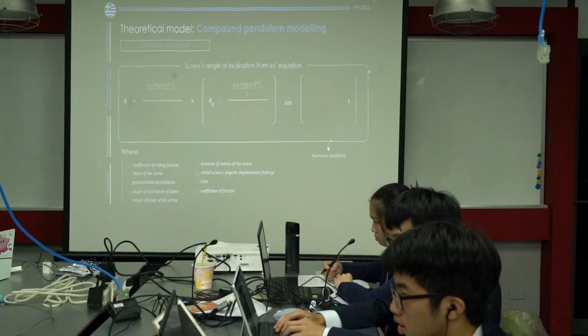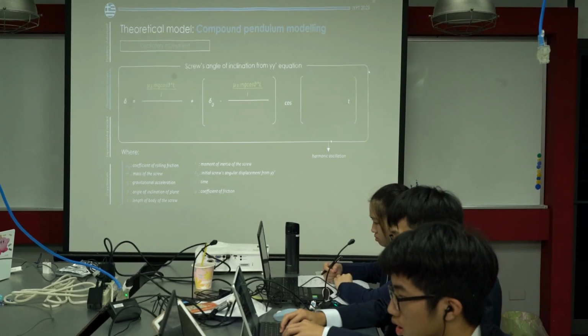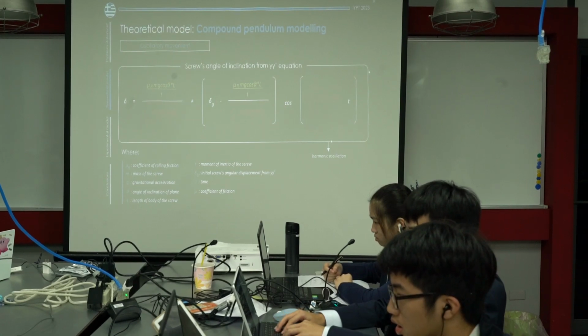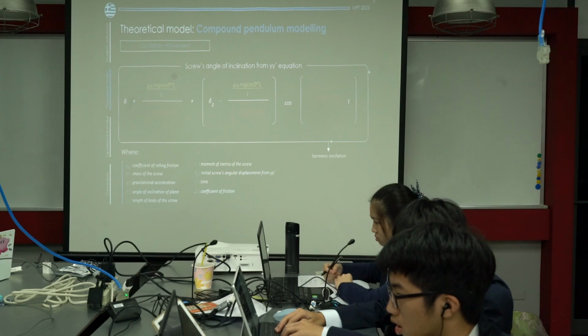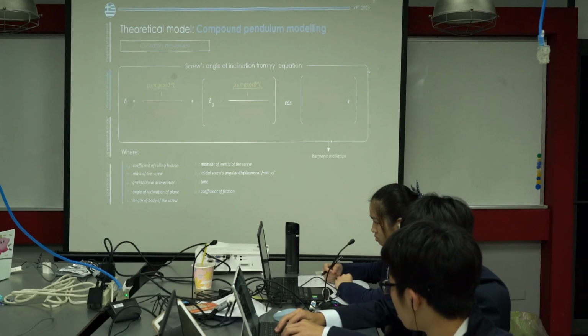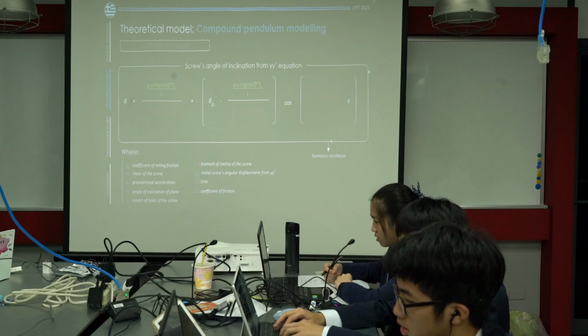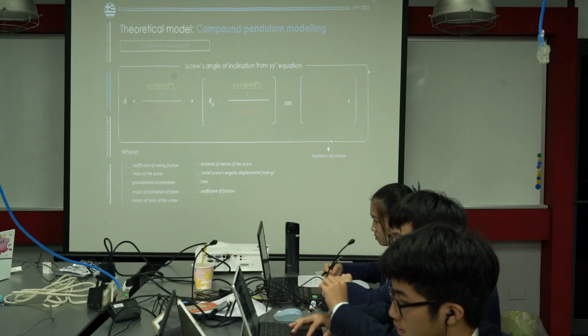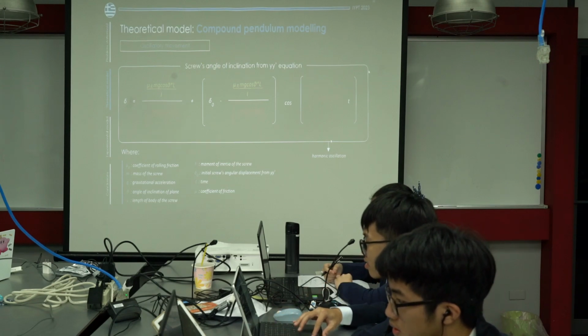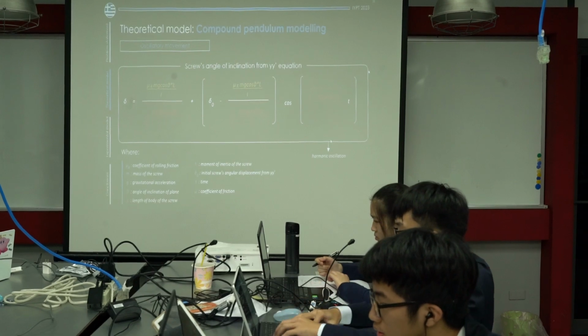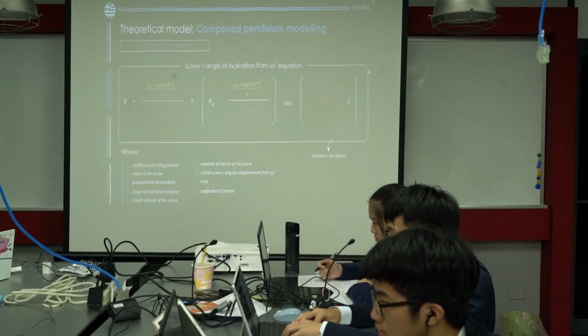If we solve this differential equation for delta, we can find, as you see here, the screw's angle of inclination. The most important parameters that perhaps we are not so familiar with are theta, which we define as the angle of inclination of the plane, and delta, the initial screw angular displacement.